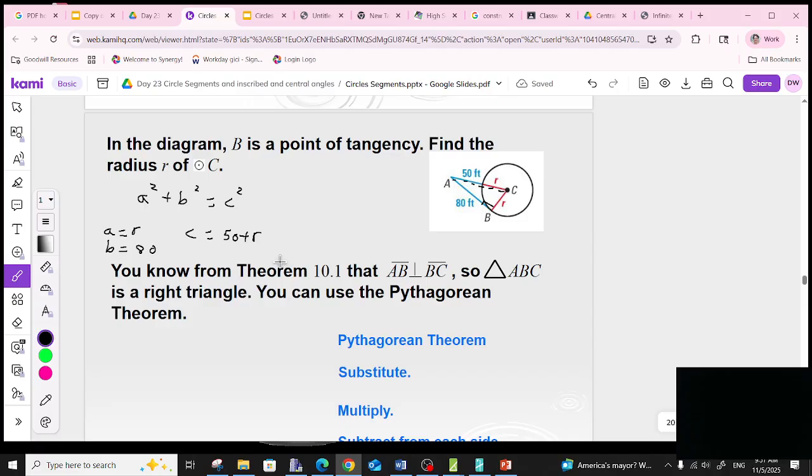So now we're going to do the Pythagorean theorem. R squared plus 80 squared has to equal 50 plus R, squared.